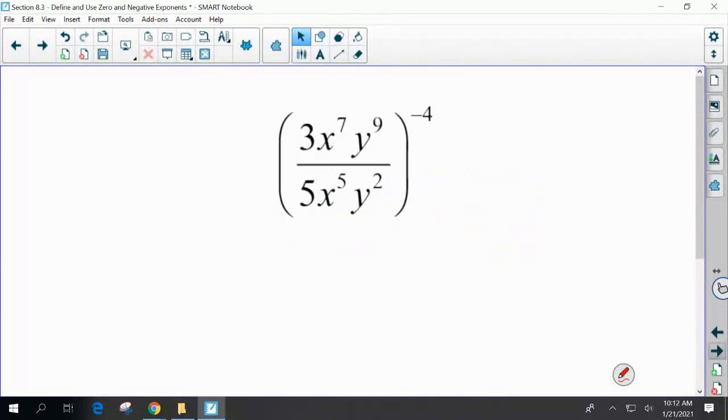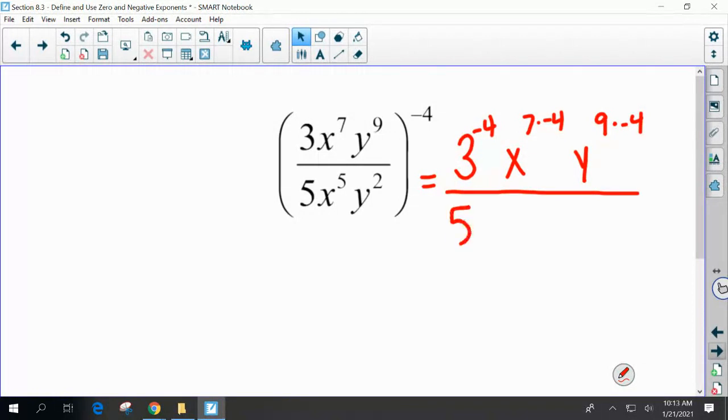Okay, so then the most difficult problem so far, and the last one. So I'm going to distribute this negative 4 to everything. So 3 to the negative 4, x to the 7th times negative 4, y to the 9th times negative 4, over 5 to the negative 4, x to the 5 times negative 4, and y to the 2 times negative 4.